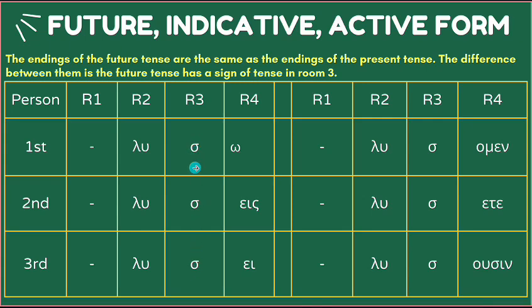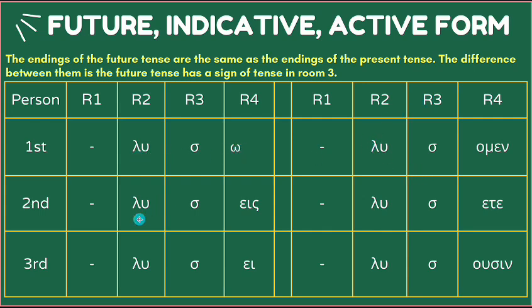For the future tense, the sigma is the sign of tense, so it occupies room 3, and room 4 is the ending. Like I said, the endings of the present tense and the future tense are the same. And the same for the plural section, like you see.